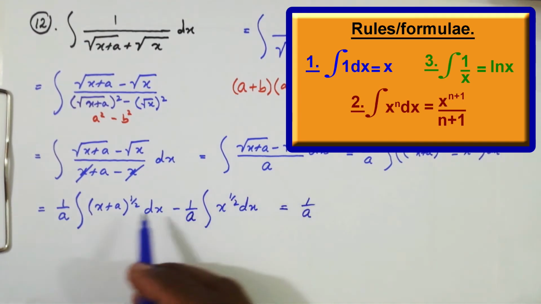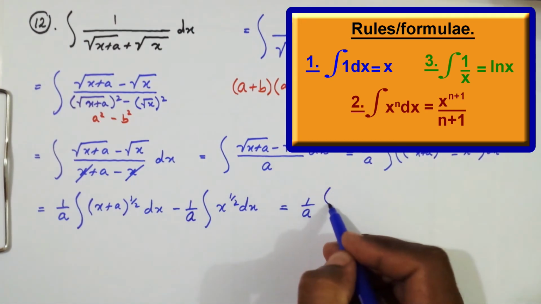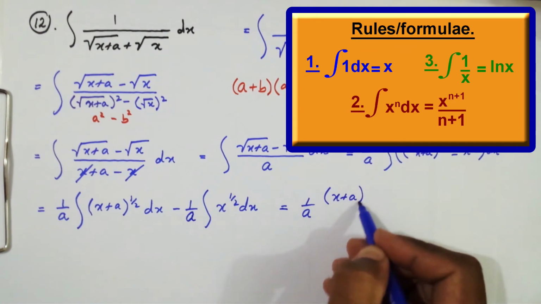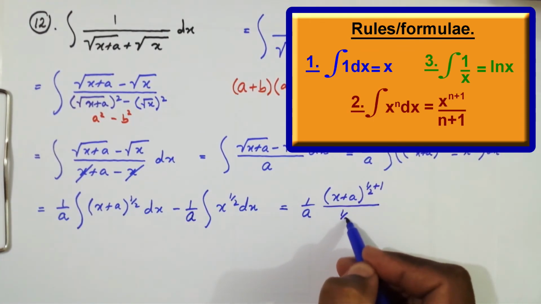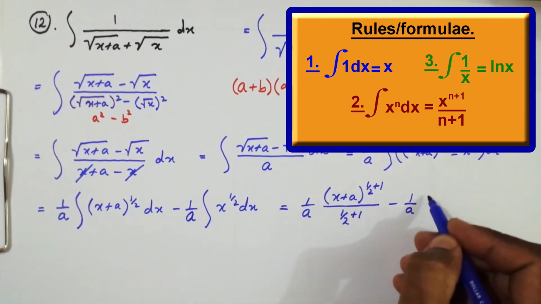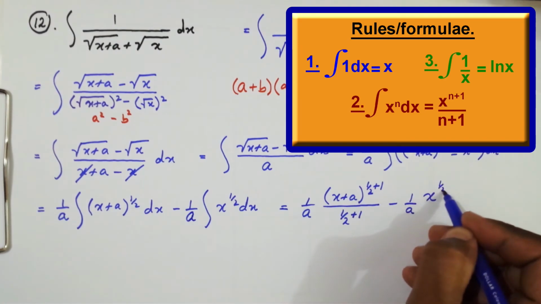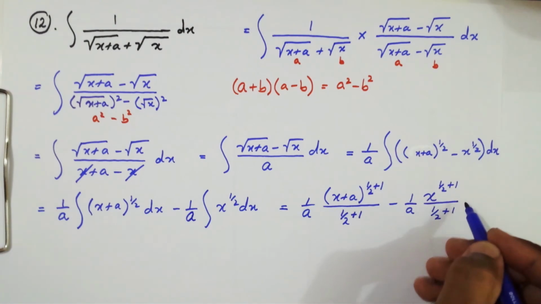Same as previous procedure, we are going to add 1 with the given power and write the result in its denominator. Same as here, we are going to add 1 with 1 by 2 and write the result in its denominator.